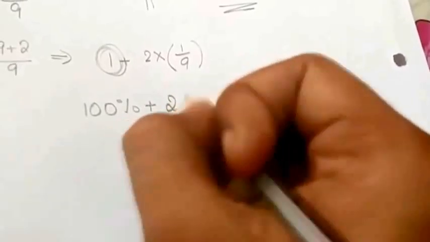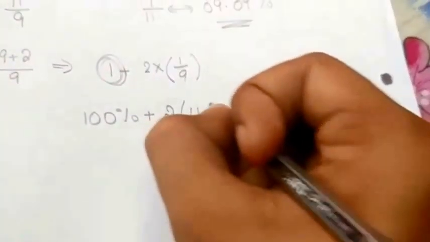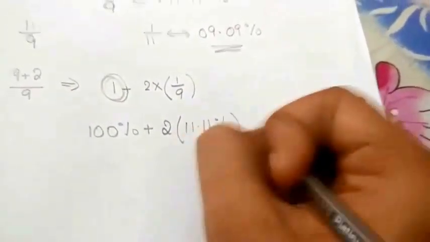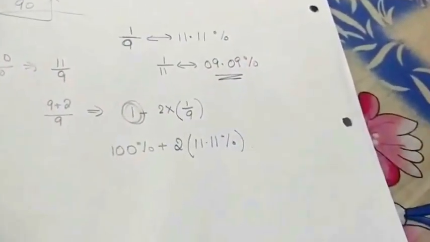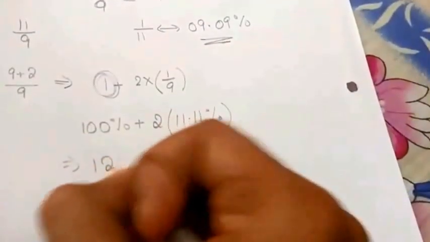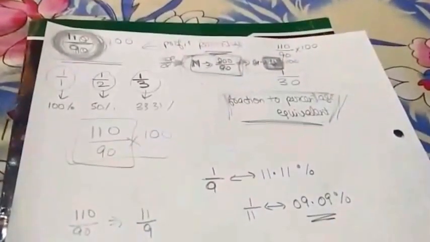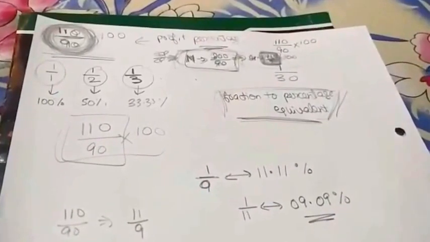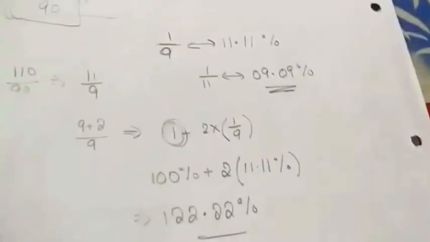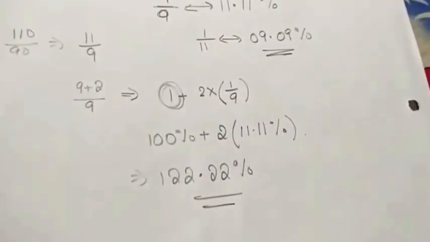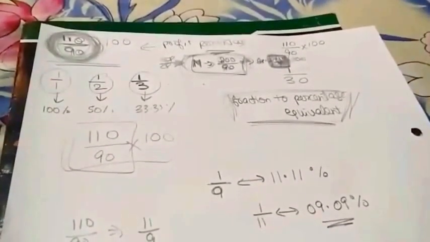So we now have 100% plus 2 times 11.11%. So our final answer now would be 122.22%. So if you just calculate 110 by 90 into 100, that's the value you will get, 122.22.